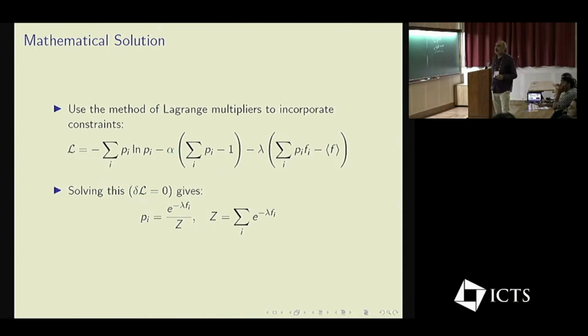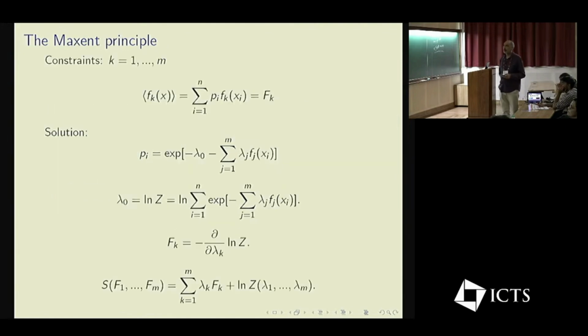These Lagrange multipliers are to be determined by the imposed constraints; they have to satisfy them. You can incorporate as many constraints as you like, but they are all of this form. So you can formulate different ensembles in this framework, and then you get the standard canonical exponential family of distributions.